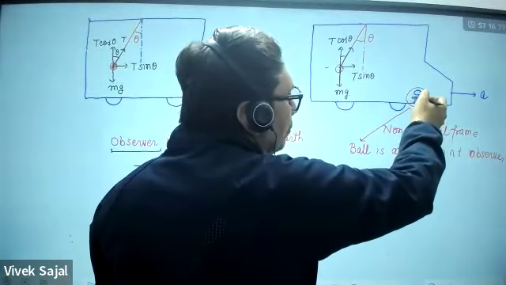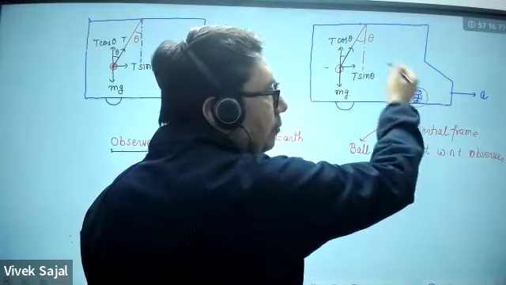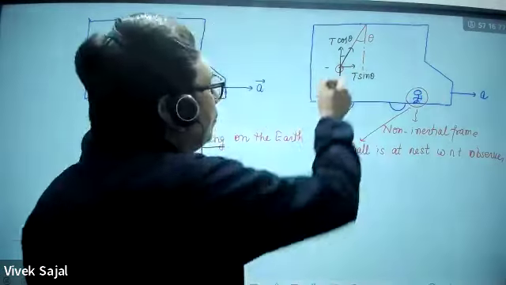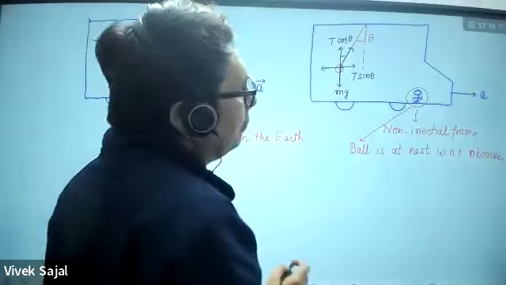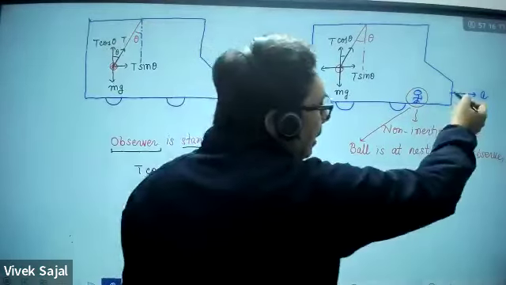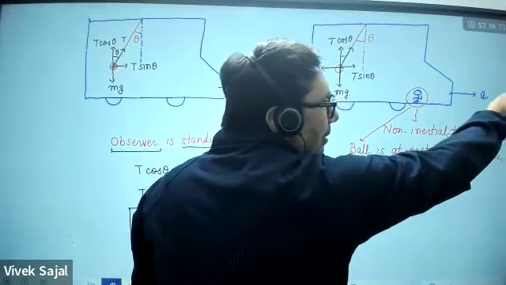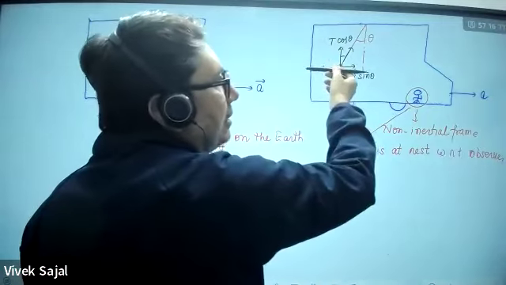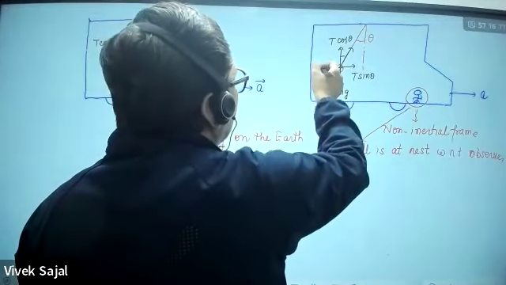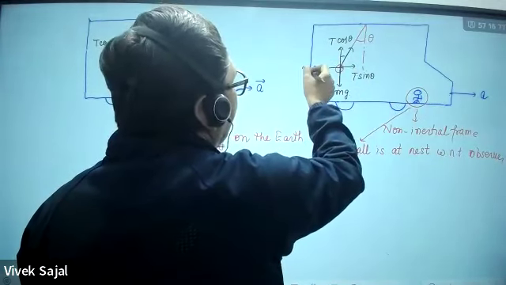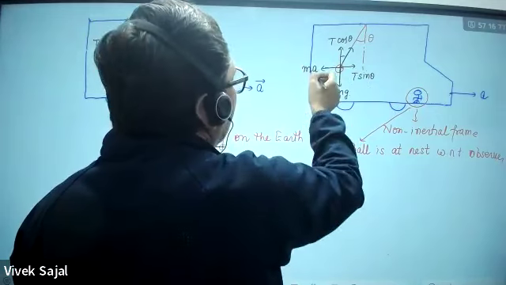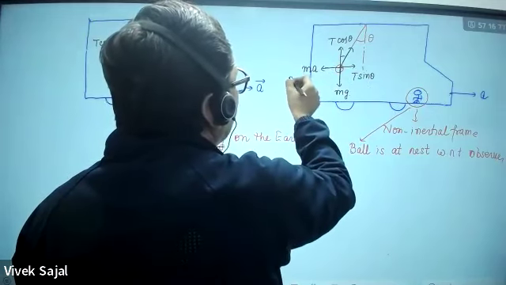This observer is in the non-inertial frame, so whenever you are observing the thing you have to consider this pseudo force. In which direction are you going to apply the pseudo force? Acceleration of the frame is in plus x direction, so this will be in minus x direction. What will be the mass of this block? That is m. So this will be ma. So what is this? This is the pseudo force.